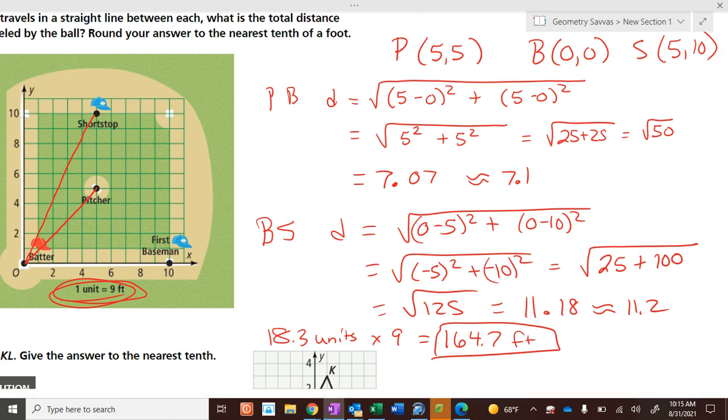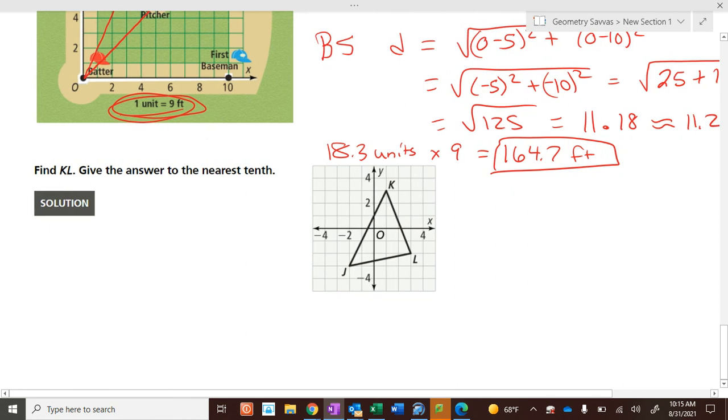Okay? All right, distance formula. Some of your problems will involve triangles like this. Find KL, the distance. To do this, first step, we need to find the coordinates. Where's K at?